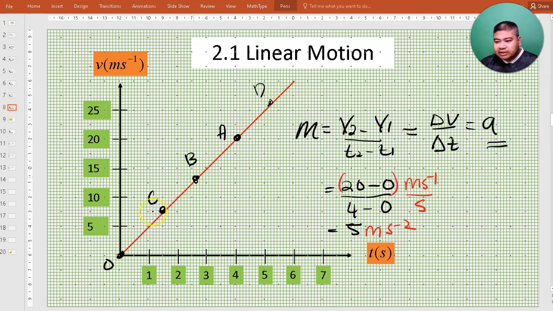So the graph is telling you that the object has a constant acceleration. This kind of graph, a linear graph of v against t, tells us that the object has a constant acceleration, and the acceleration is positive. This means that the direction of the acceleration is towards the right or upwards, towards the positive x-axis or positive y-axis.